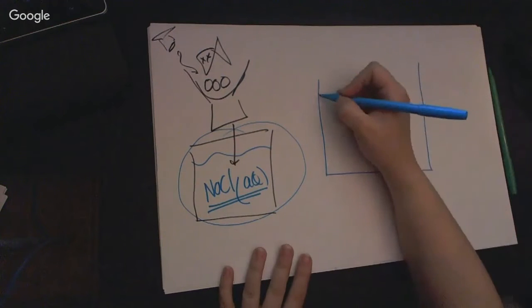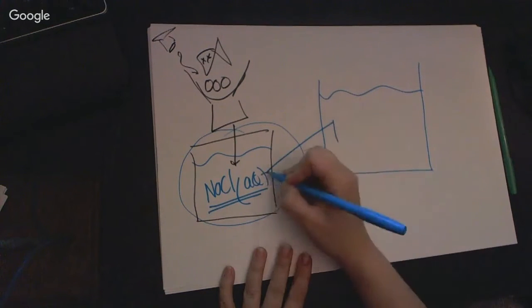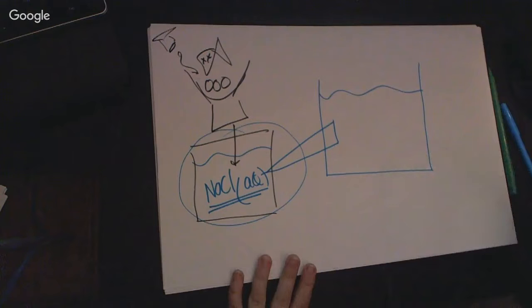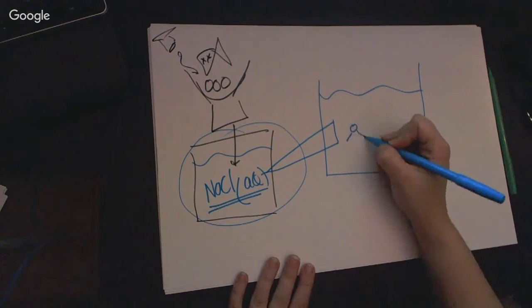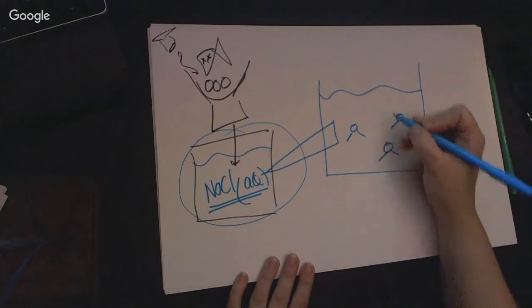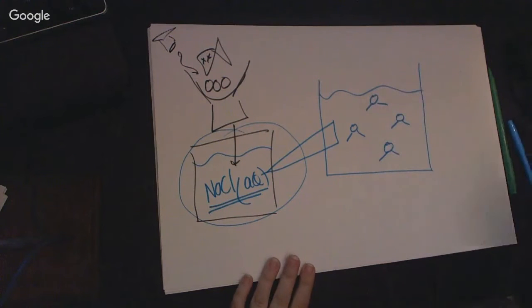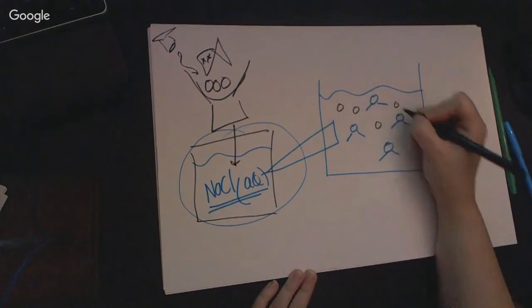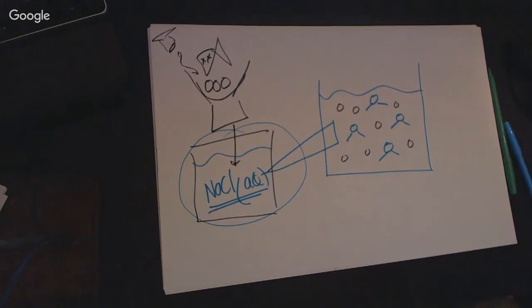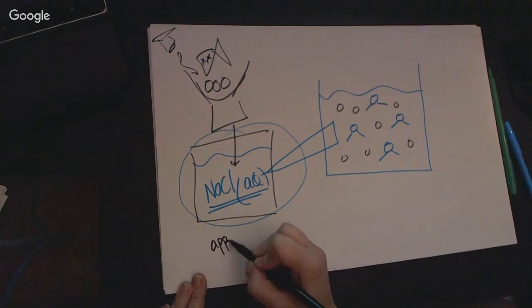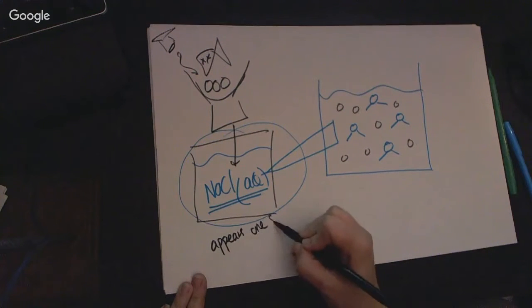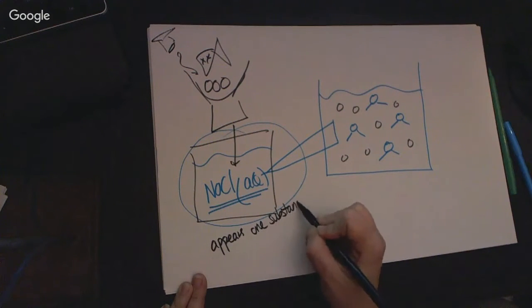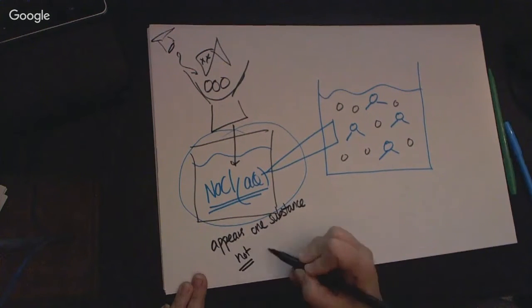Now, in this aqueous NaCl solution, if you were to get all up close and personal and take a peek at what's going on, you would see that there are little tiny water molecules swimming around, and at the same time, you are going to have NaCl, which is dissociated into its ions, floating around. Now, to the naked eye, this appears to be one substance, but in reality, it is not one substance.